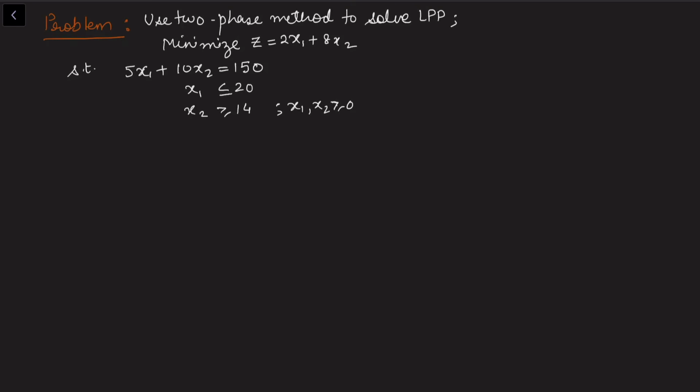Consider this problem, where I want to use the two-phase method to solve this linear programming problem, which has a minimization objective function. The first step is always to write the LPP in standard form by involving the artificial variables. As we are applying the two-phase method, I also want to write the auxiliary LPP.